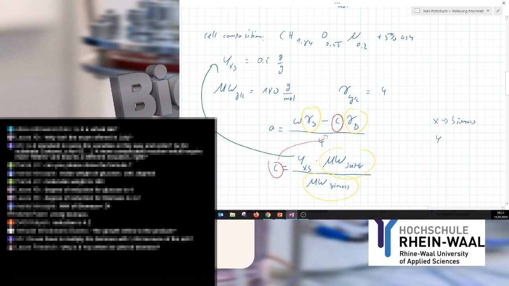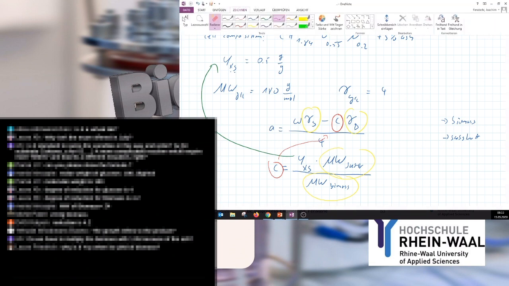And Y stands for substrate. So therefore you have this YX is biomass per S, sorry, per S substrate. So biomass per substrate. Yeah, so that's where it comes from. I put that in a different color, and then you see it also in this.